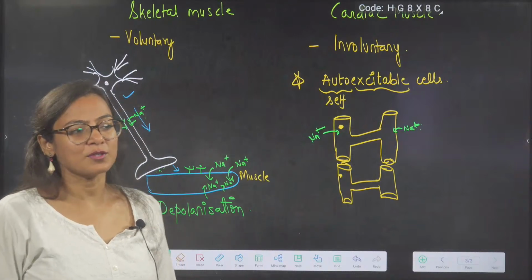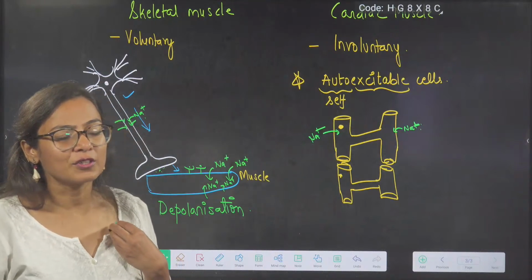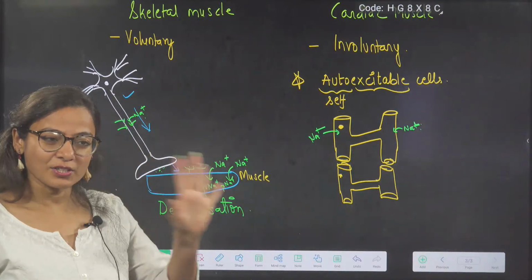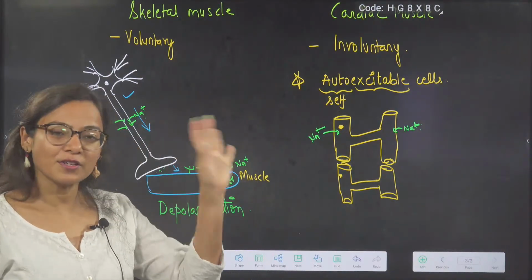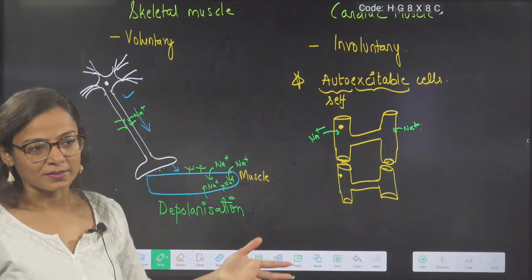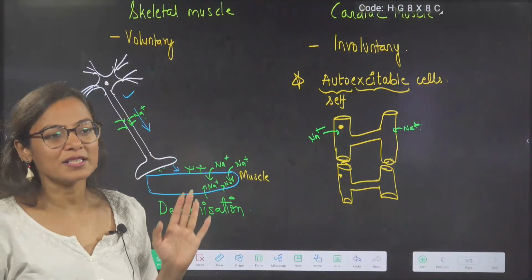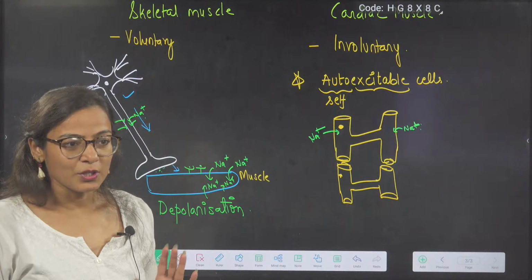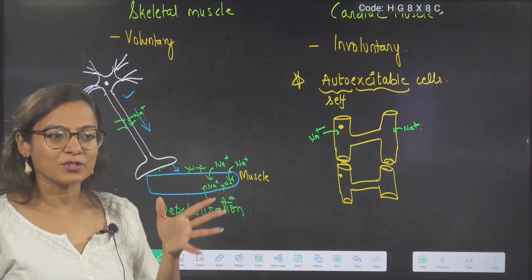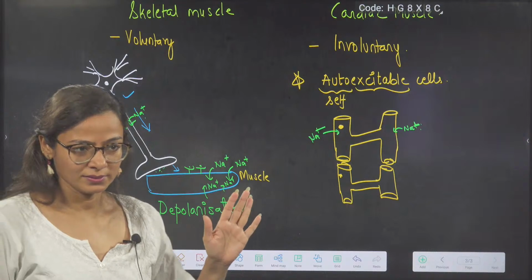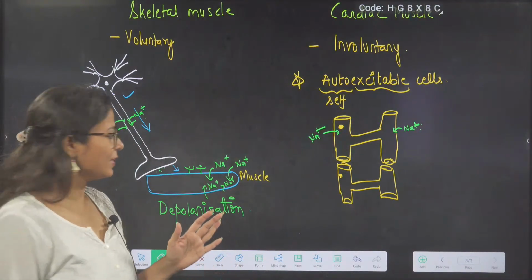Yes, potassium also, but potassium will go in the reverse direction, right? Conduction of nerve impulse is in itself a huge topic. So here I am just telling you the basics, like how an impulse is generated due to the entry of sodium, that is called depolarization. Right?